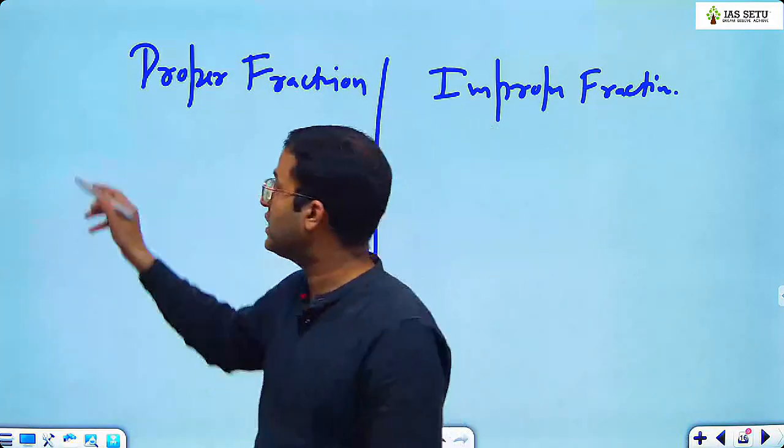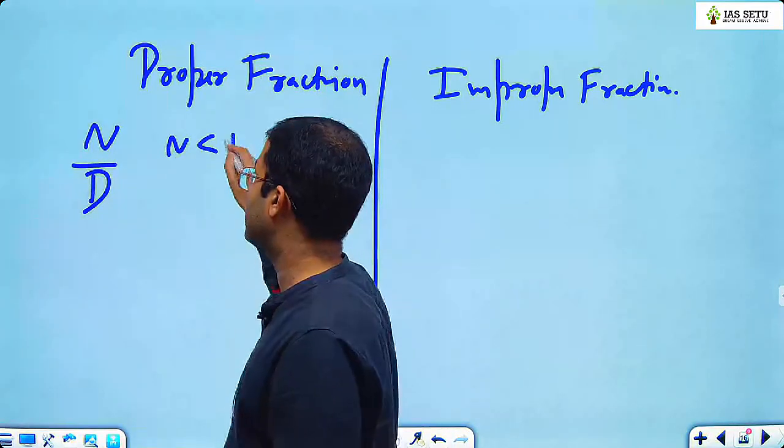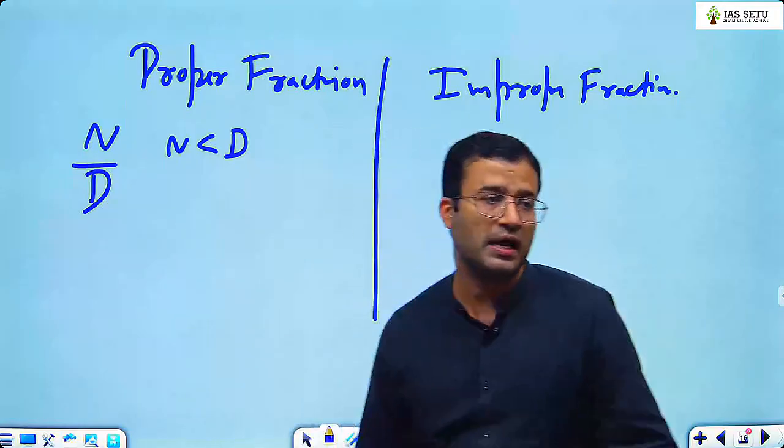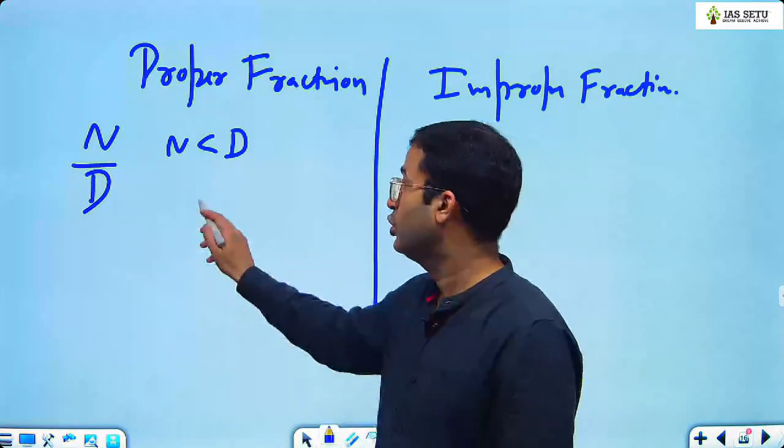Here fractions are in the form of n by d, where numerator is lesser than denominator. जहां पे न्यूमरेटर डिनोमिनेटर से छोटा होता है, these are proper fractions.